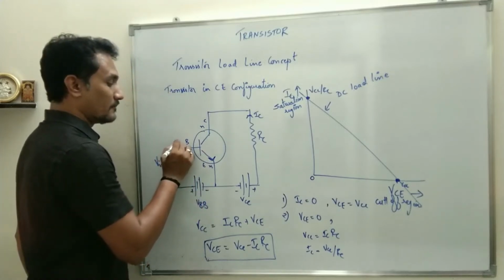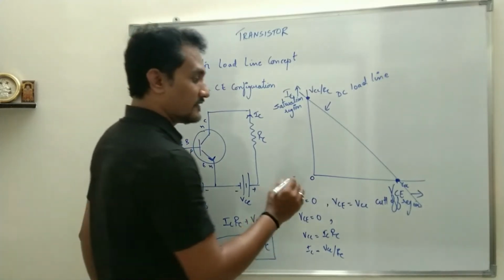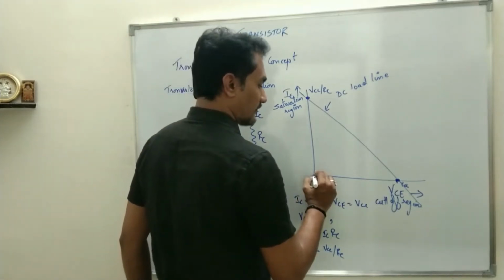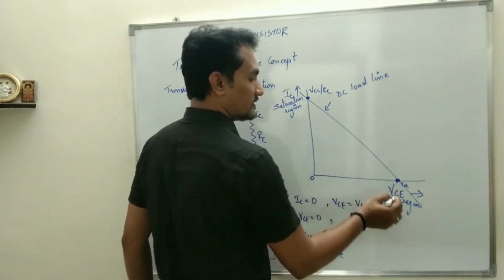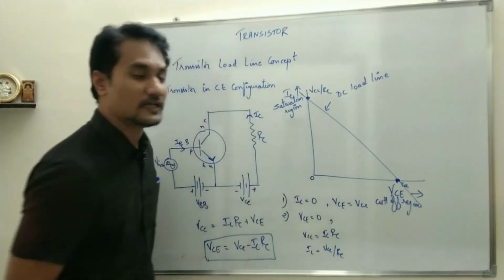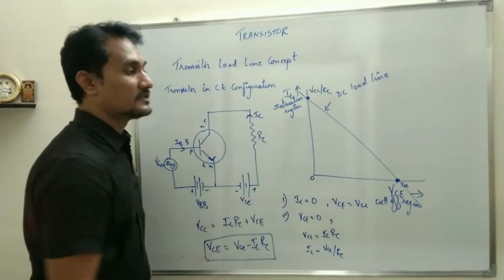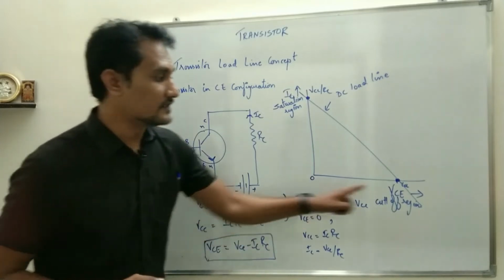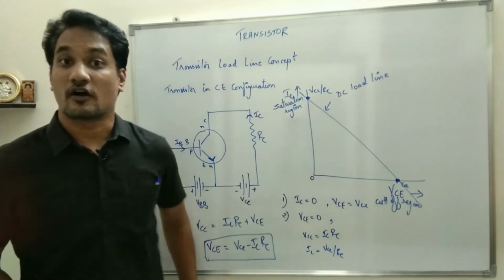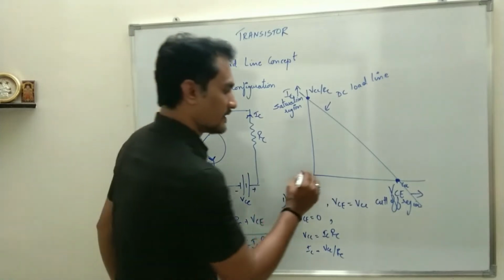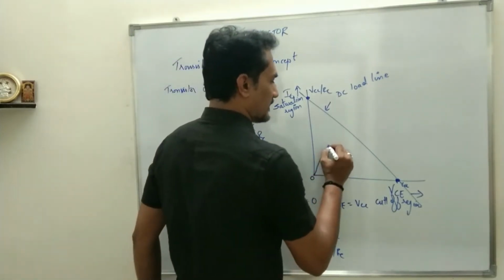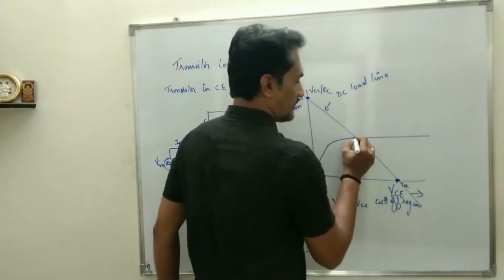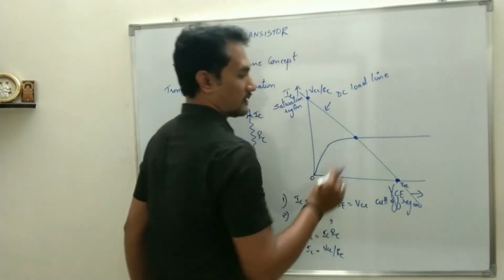Now we have to adjust the input voltage in such a way that there will be some base current. When the base current flows, of course the graph will be VCE versus IC. We have studied this graph in the output characteristics of common emitter configuration, VCE versus IC, for a constant value of base current. So for a particular base current, it will pass through like this.